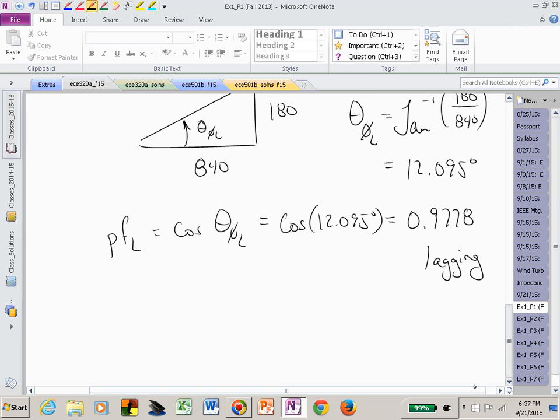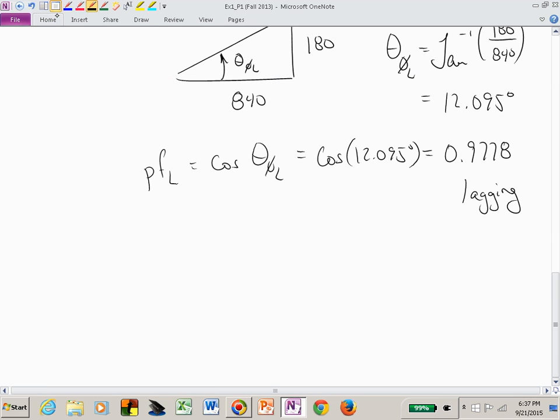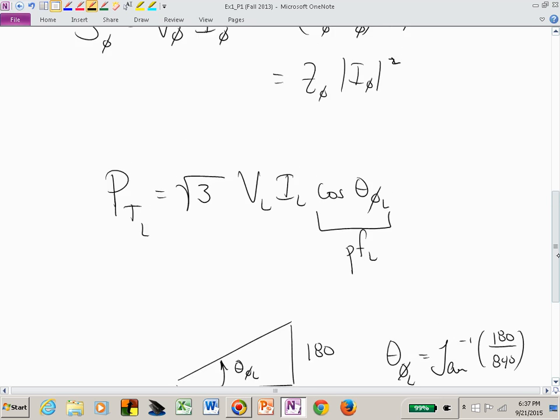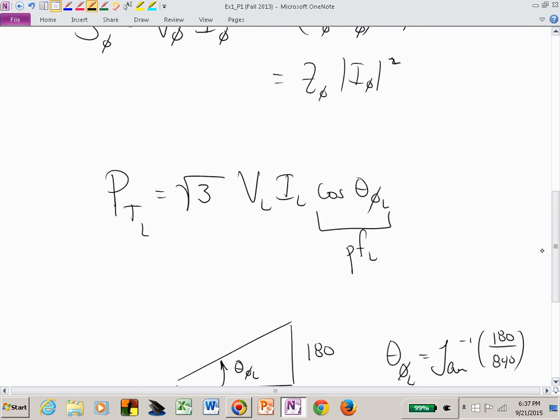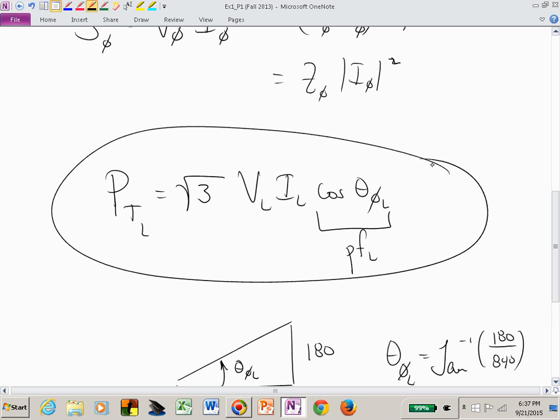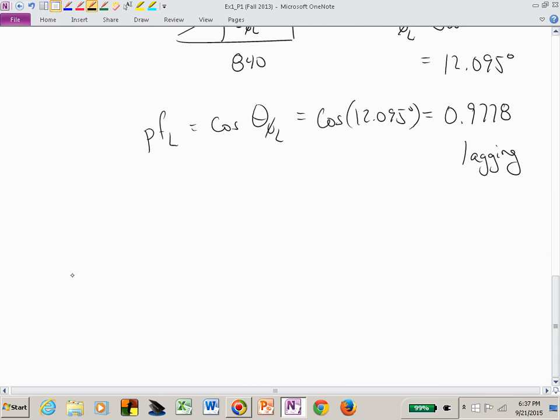What I'm wanting to do now is use this with this formula, so that now I know that I have 840 is equal to the square root of 3 V sub L, wasn't that 156.8?